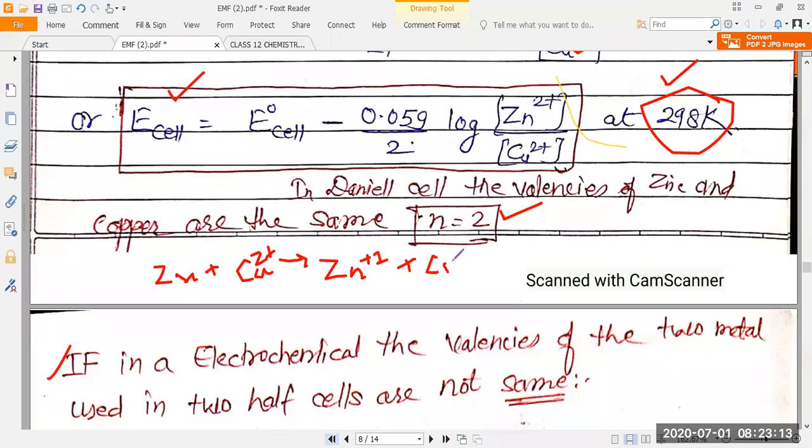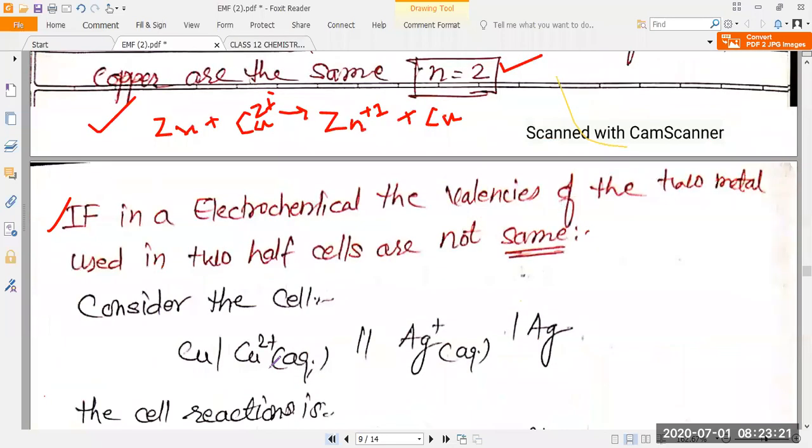These were the equations in the above Daniell cell. Here the valency was 2 and 2 in both the electrodes. But how can we write the Nernst equation when the valencies are not the same?